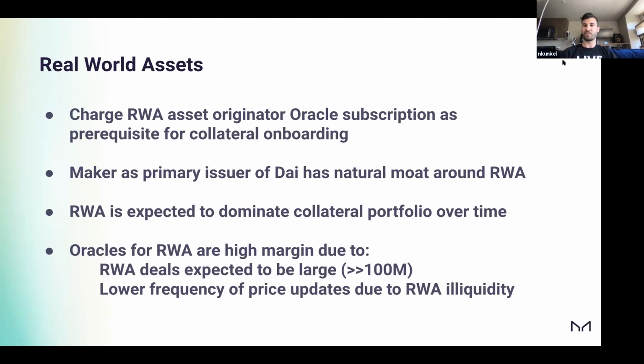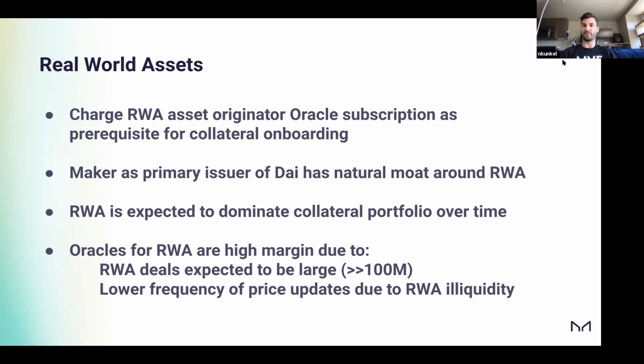And so you have this hugely expansive real world asset portfolio. You have this service that Maker can offer to real world asset originators that only we can offer. And oracles quickly become a pay to play part of that model.